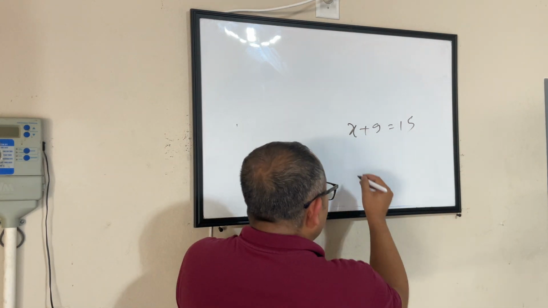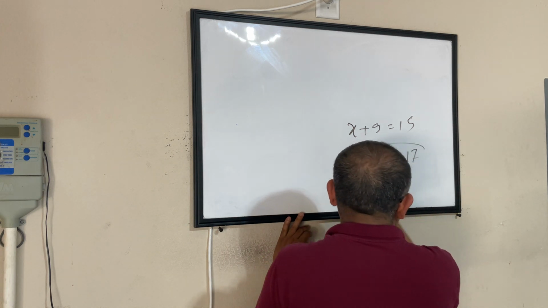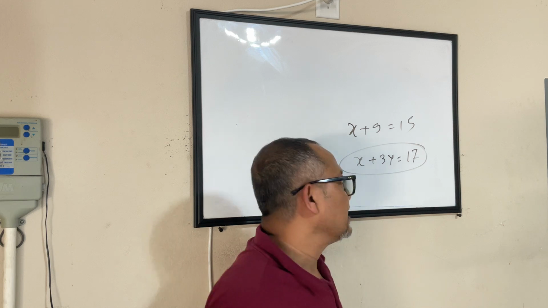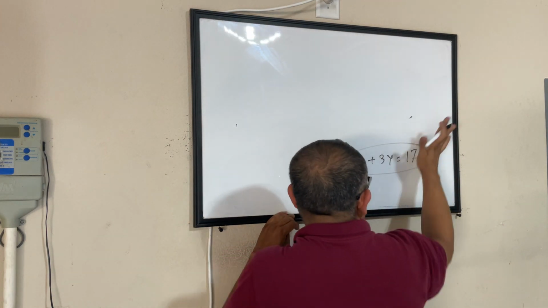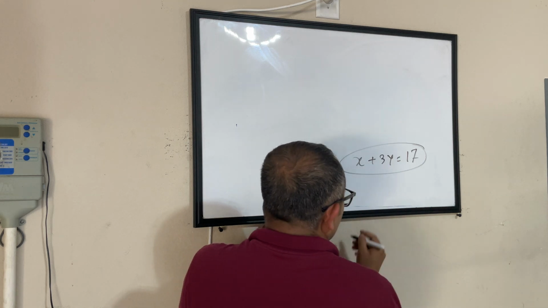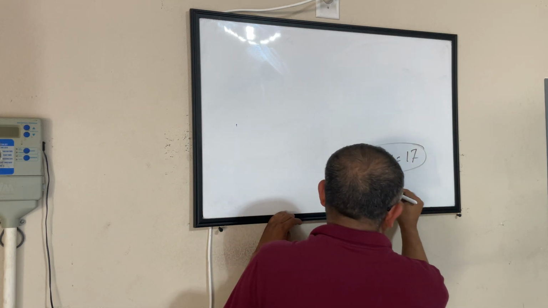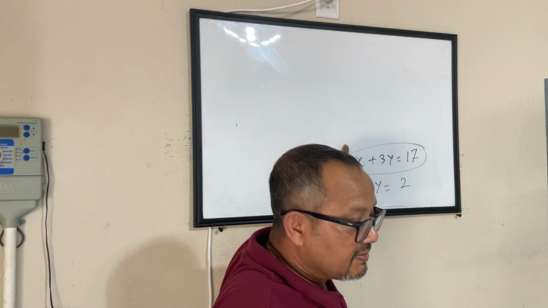But if I have x plus 3y equal to 17, I will not get a perfect answer for x or a perfect answer for y. What I need is one more equation, with the two variables or one variable, whatever it be. If I get x minus y equal to 2, anything, then I will be able to solve.